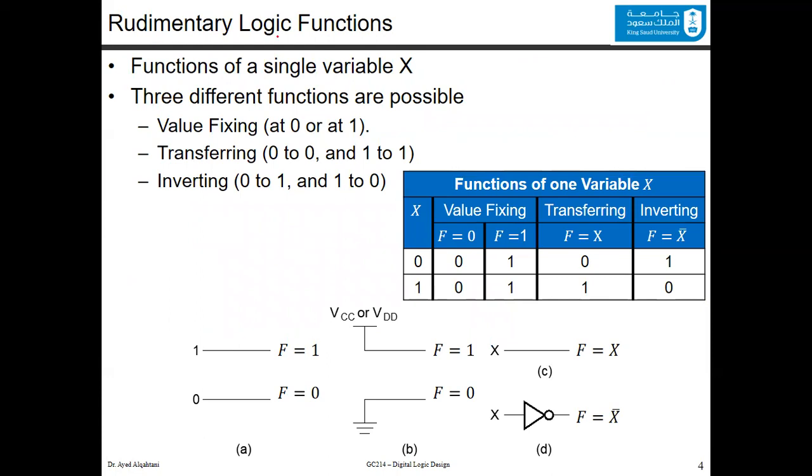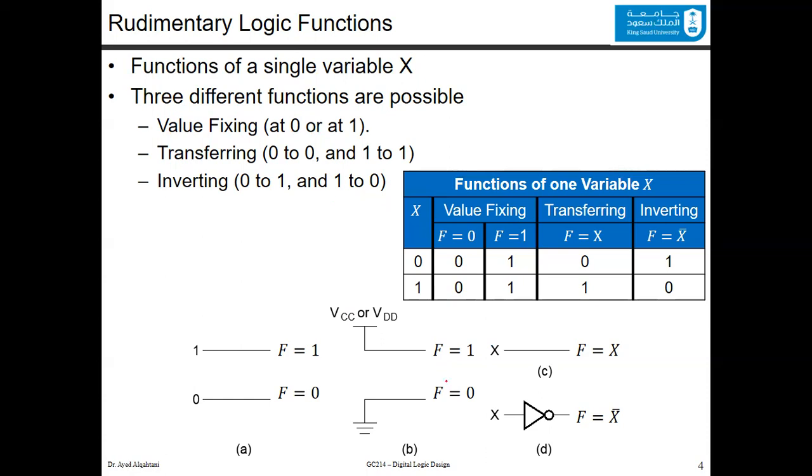The rudimentary logic functions are functions of a single variable, x, that we are going to explain in this slide. There are three different functions that are possible: value fixing at 0 or at 1.